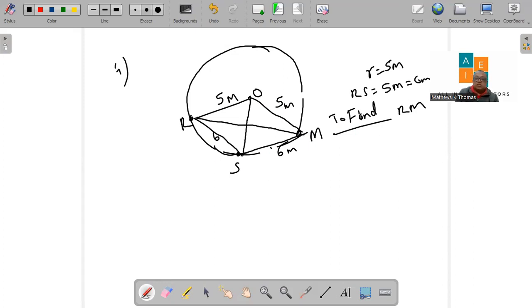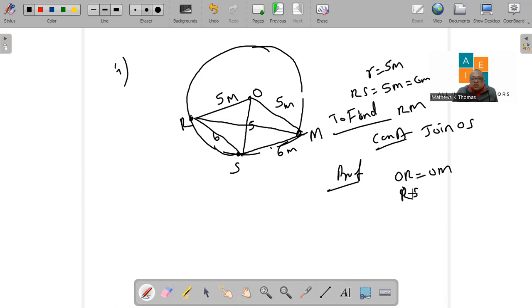So let us join OS, and when I join OS, that also becomes the radius, that will become 5. Now, first of all, let us understand that this figure is formed when I join these 4 points ORSM. This becomes a kite because a pair of adjacent sides are equal. OR equal to OM and RS equal to SM.